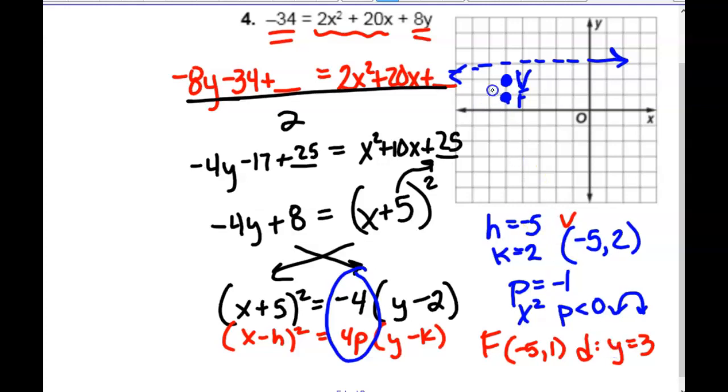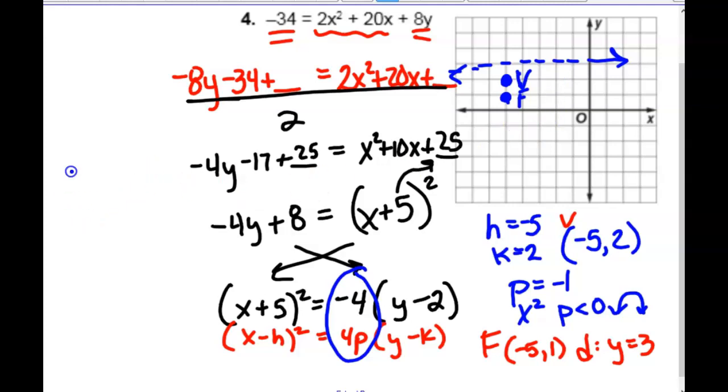We need to put a point in. We don't have a whole lot of room to the left and right on this graph, so I'm thinking an x value like negative 2, because we can only go 3 each way and we run out of room, right? So if I go 3 this way, I'm at x equals negative 2.